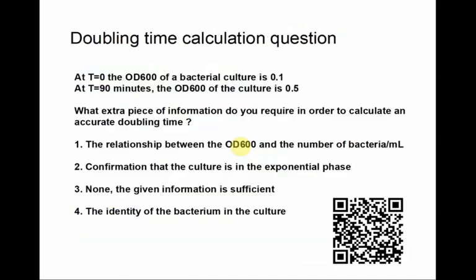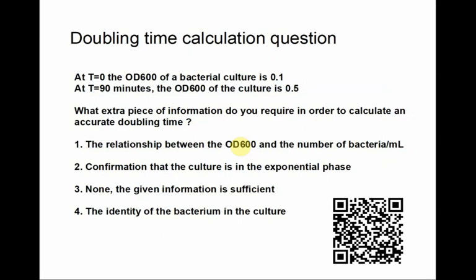Actually, I put this one in there because in the lab classes, you have to perform this calculation. And some students, they calculate the number per ml and then they run the log on those numbers and they're just making things more complicated for themselves. You don't need to do it.